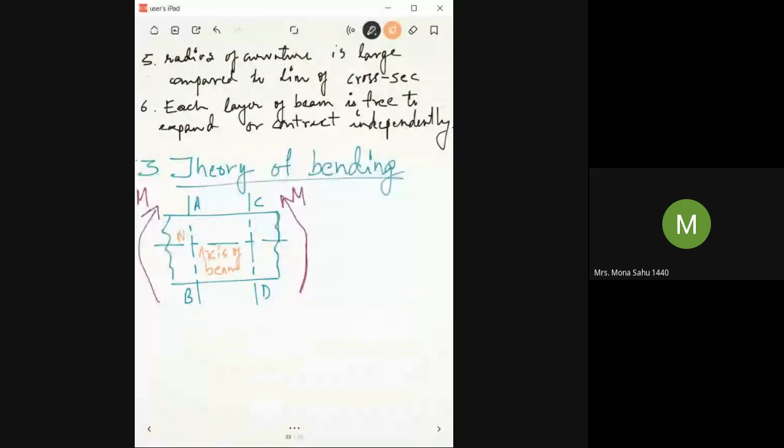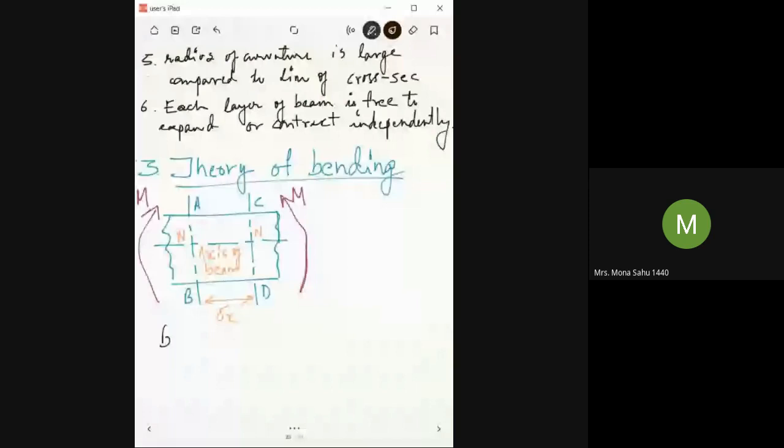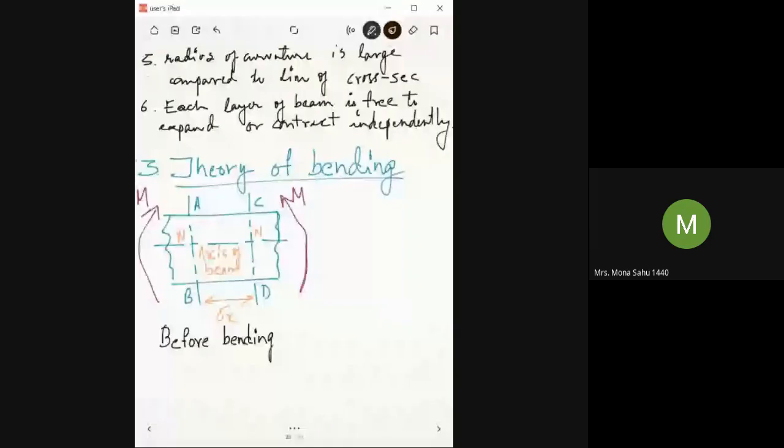It's the midsection. And this is, just take it as delta X, a small section BD. So this is before bending, and after bending, it's going to be this.